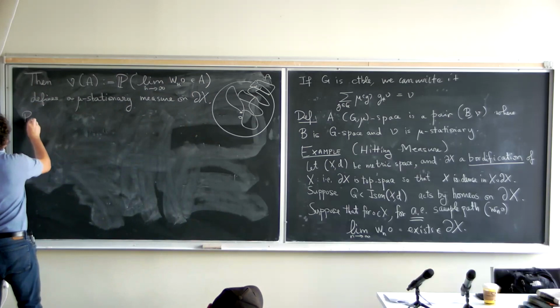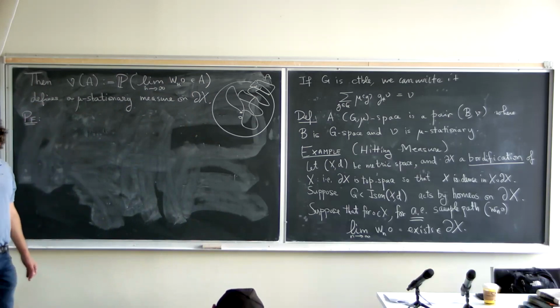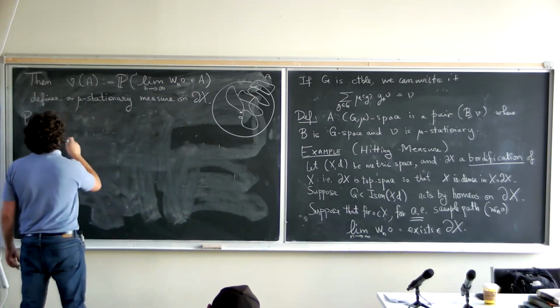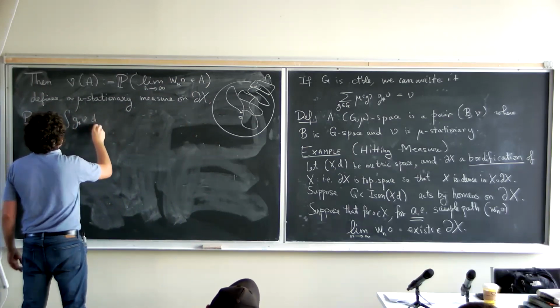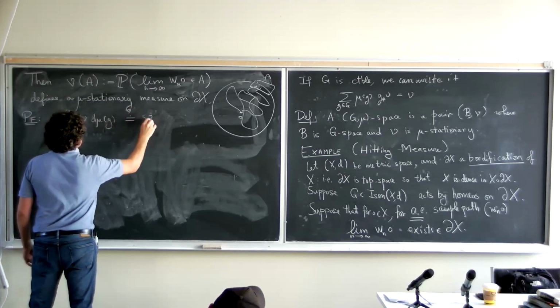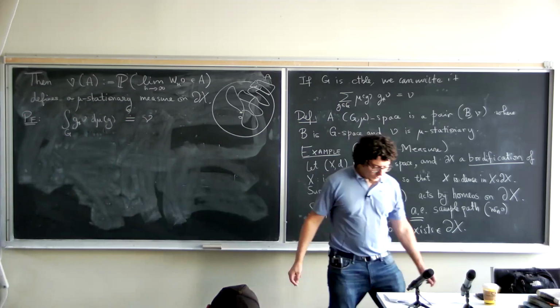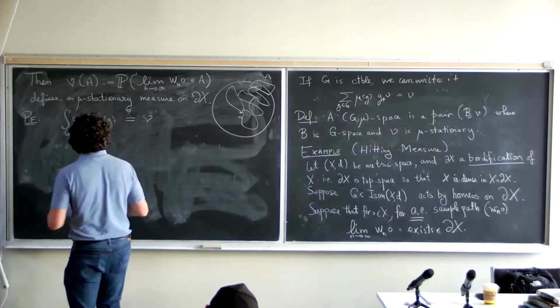Okay, so let's prove this. Again, what do we have to check? We have to once again check that the integral of g star nu d mu equals nu. So let's try to unravel these definitions.